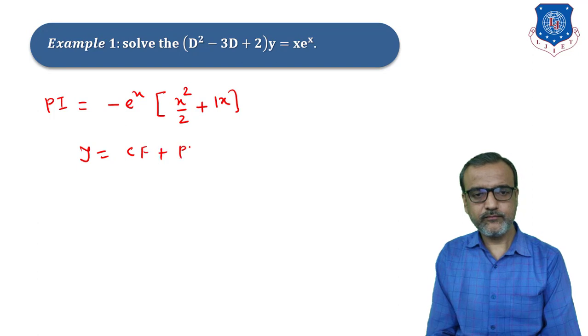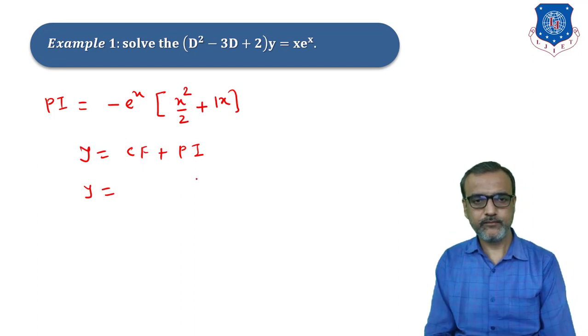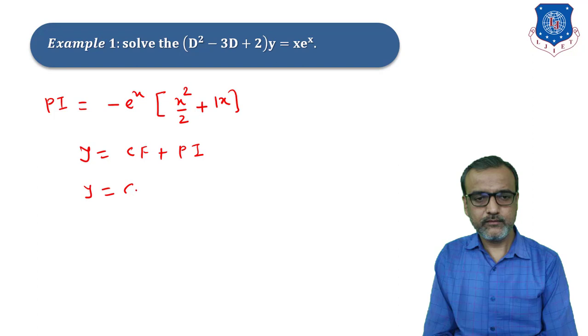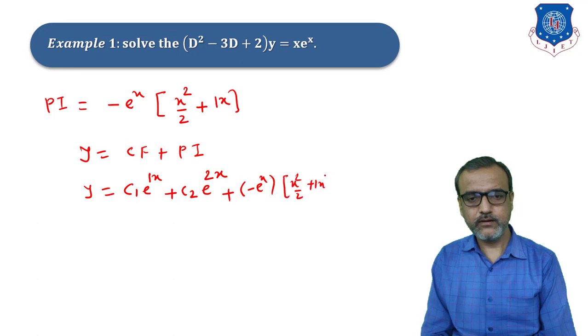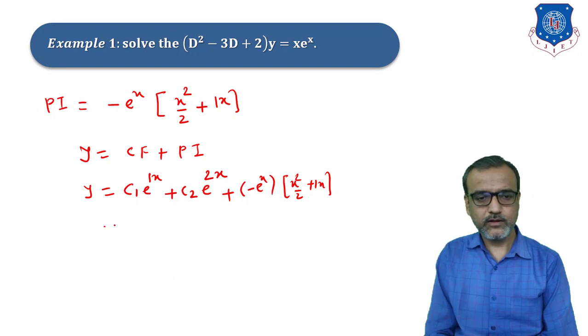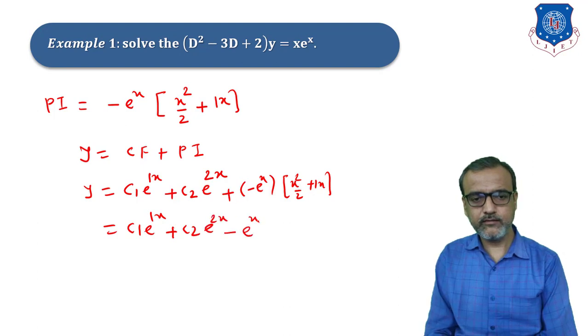So y equals C1 e raised to 1x plus C2 e raised to 2x, plus PI, which is minus e raised to x into bracket x square by 2 plus 1x.